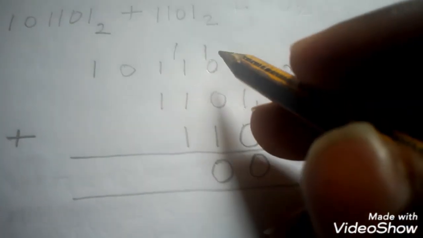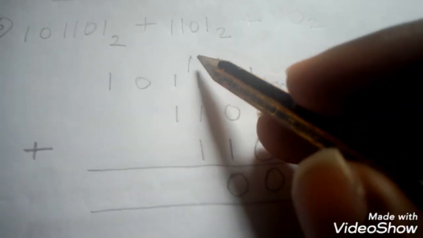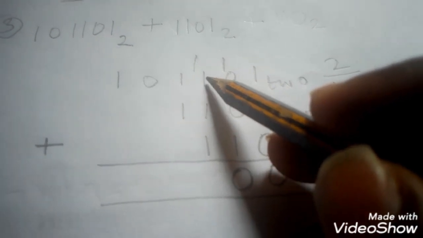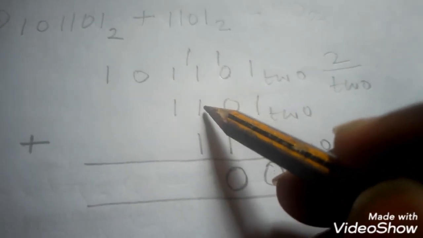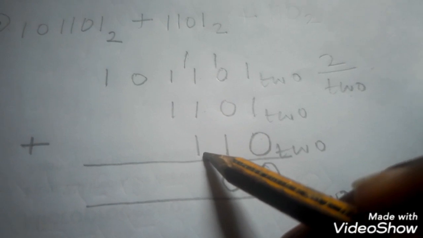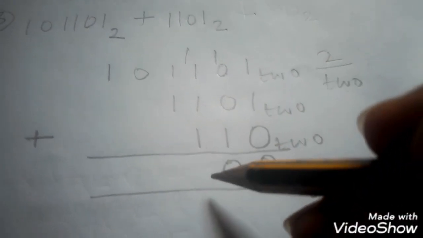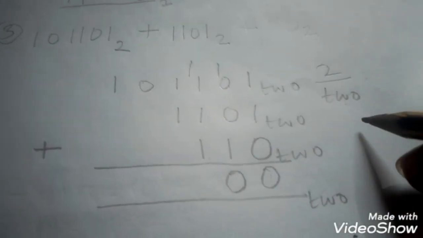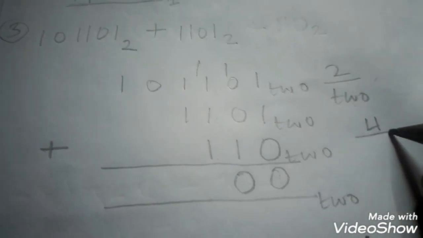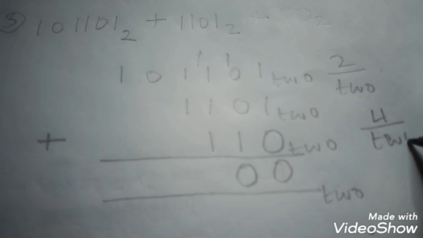Now come over here. So we have 1 plus 1, which is 2. 2 plus 1, which is 3. 3 plus 1, which is 4. Oh, we can't write 4. So we are going to do 4 divided by the base. And what is the base? 2. That's 4 divided by 2.